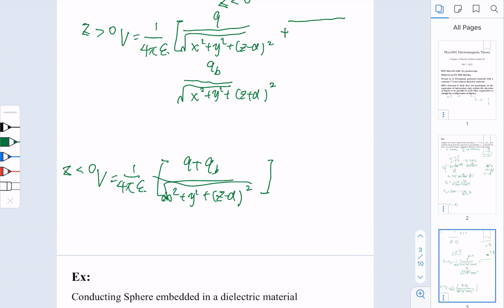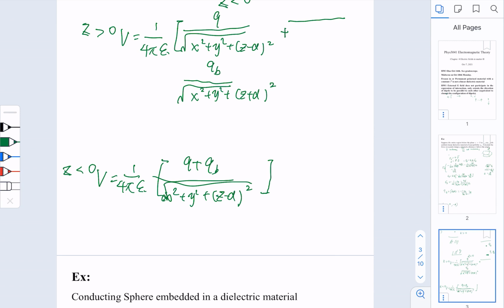And now this is our guess of the distribution of this potential both above the plane and below the plane. And you can actually check that magically this guess agrees with the boundary condition at the xy plane.